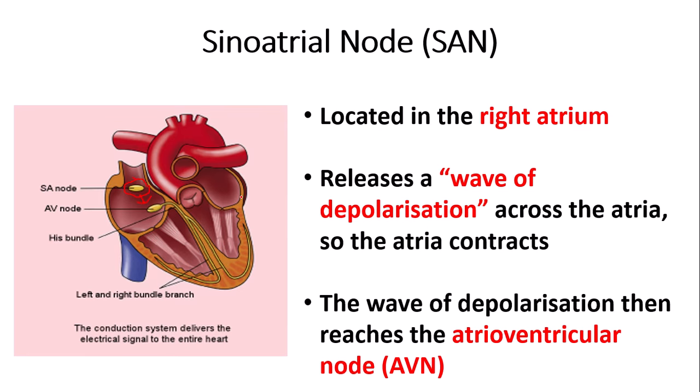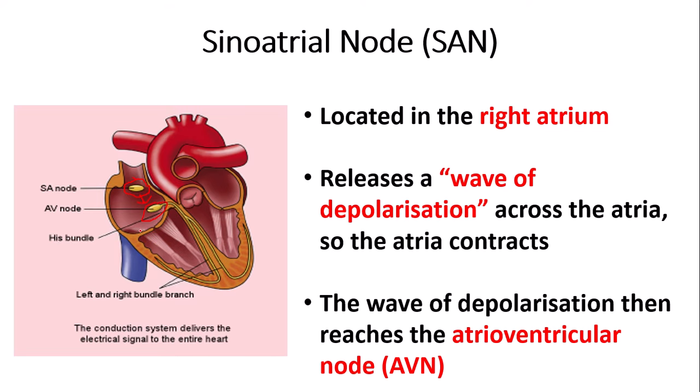The next step is that the wave of depolarization released by the sinoatrial node reaches the Atrioventricular Node, or the AVN, which is this bit here. So it's quite close to the sinoatrial node. The wave of depolarization, or the electrical signal, is transferred to the AVN.